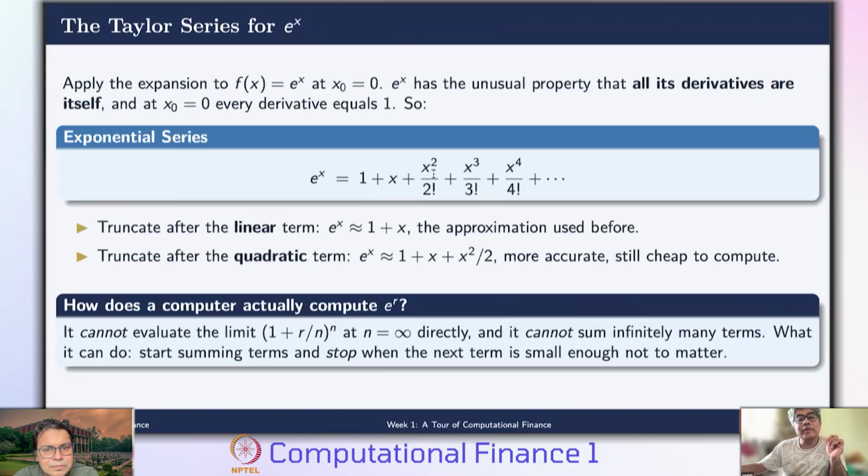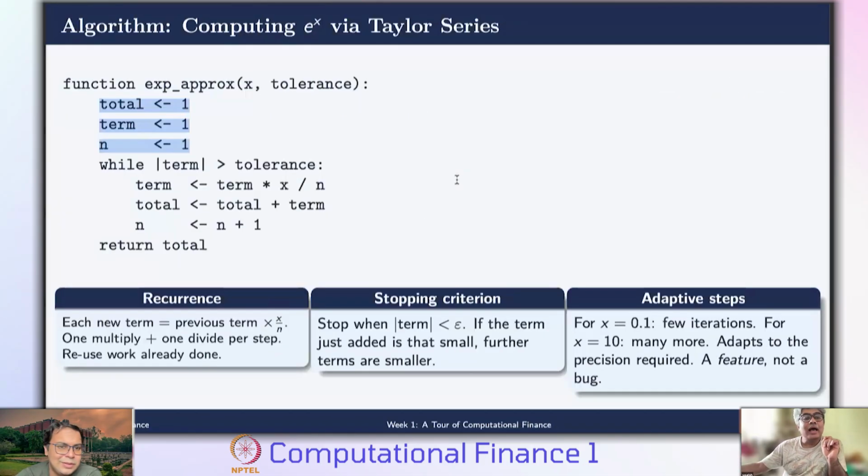Then you calculate x squared by 2, add to 1 plus x. Then you calculate x cubed by 3 factorial, add to the total. So you keep doing that. I just noticed this interesting pattern. It's as if we are doing each of the approximations one by one: we start with one exactly, then we get the linear approximation, then the quadratic approximation.